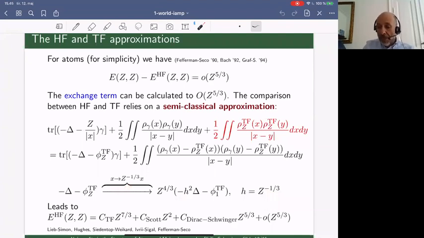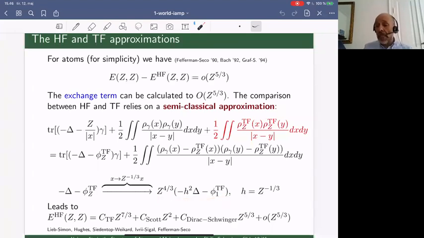Anyway, maybe you didn't follow that, but if you rescale here, this is just a unitary transformation, you get this operator instead. And here, the h is like a Planck constant. It's an effective Planck constant, which is of order z to the minus 1/3. So I can analyze this problem semi-classically.